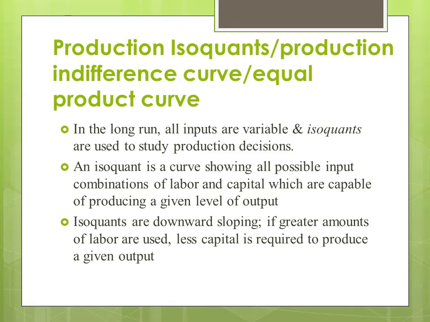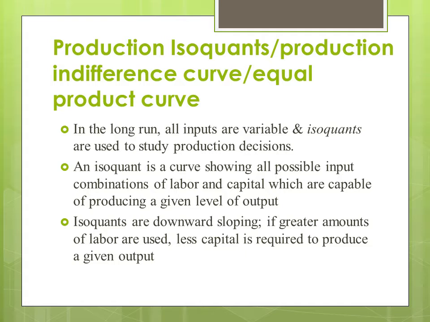We know that in the long run a firm can expand plants, and new firms can enter and exit from an industry. So a big question arises here: what is the use of isoquants? Basically, isoquants are used to study production decisions. Now we will discuss the concept of isoquants.